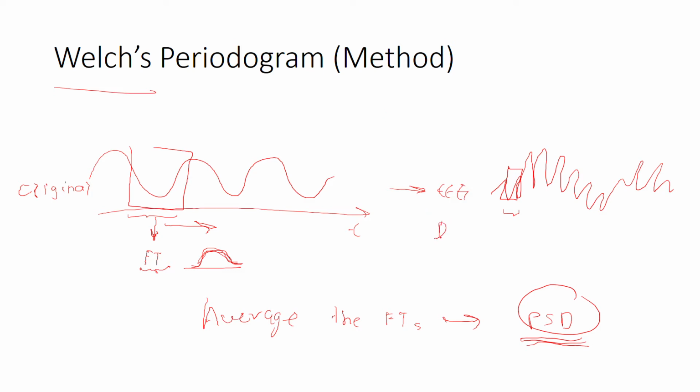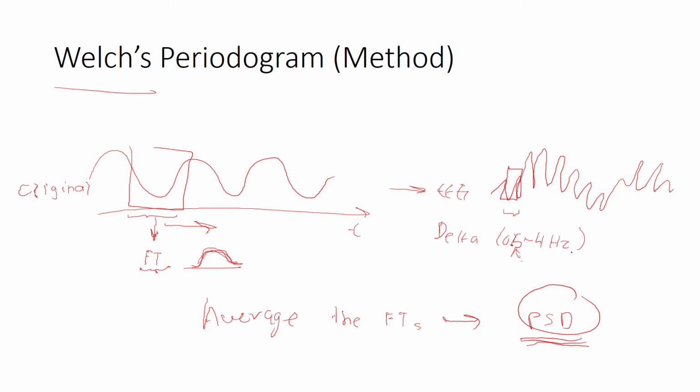For instance, delta, which is 1 to 4 hertz. The lowest frequency is 1, or maybe 0.5; sometimes the literature tells you that 0.5 hertz is the minimum frequency of the delta band.